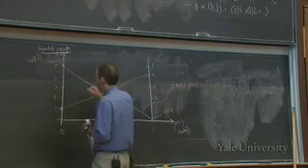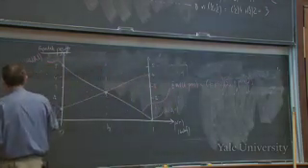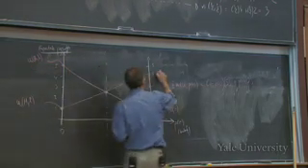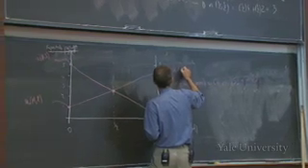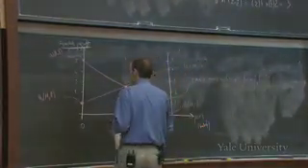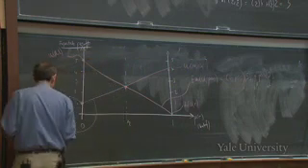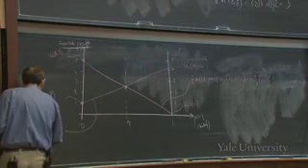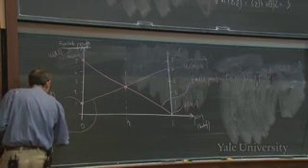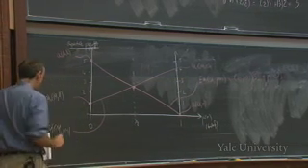So this is the payoff to player 1 of choosing middle against left. This is the payoff to player 1 of choosing middle against right, and the line in between is the expected payoff to player 1 of choosing middle as a function of the probability that the other person chooses right.